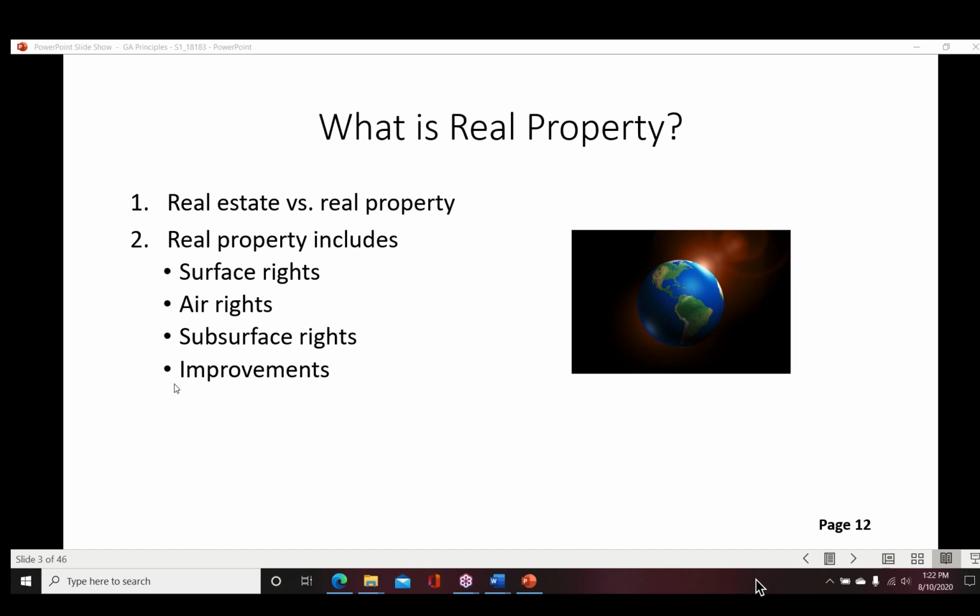So the definition of an appurtenance is any right, privilege, or improvement permanently attached to the land. Any right, privilege, or improvement permanently attached to the land. The key word here is permanently. That is an appurtenance.